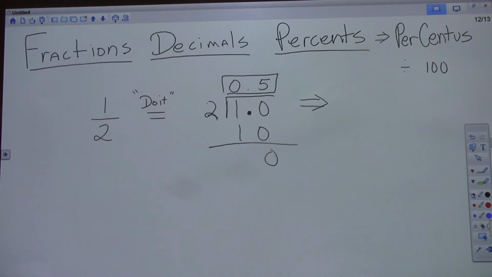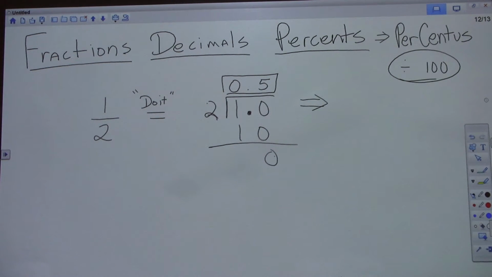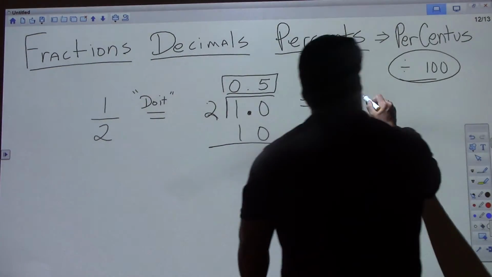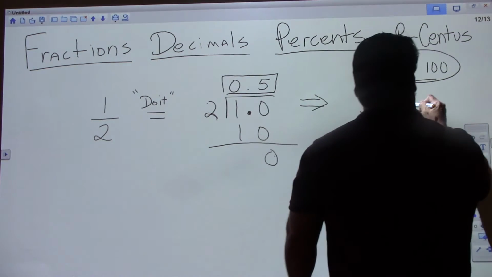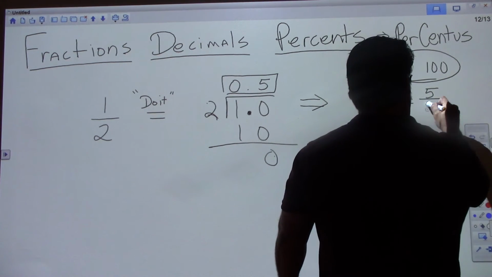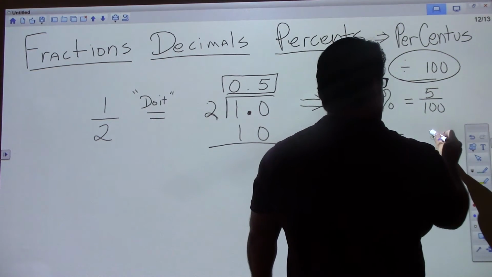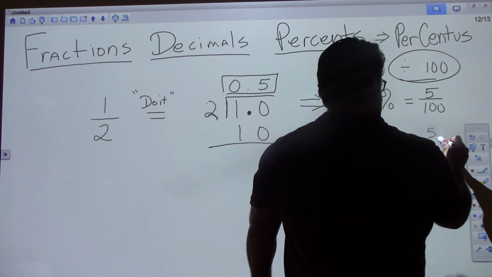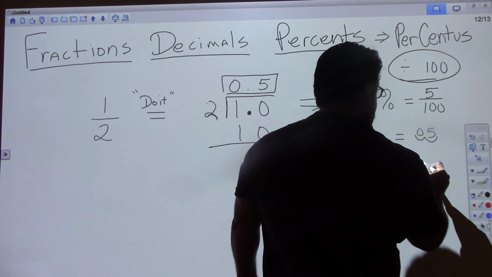Percent means divide by 100. So, if I give you 5%, that means 5 divided by 100. Which means anytime you divide by 100, you move the decimal 2 places to the left, which is 0.05.